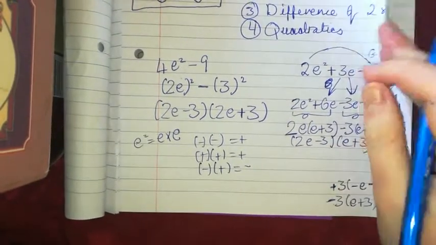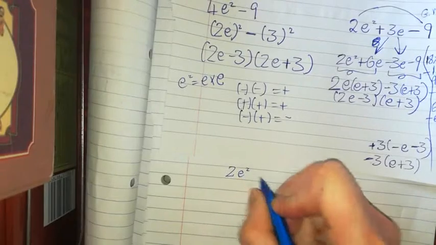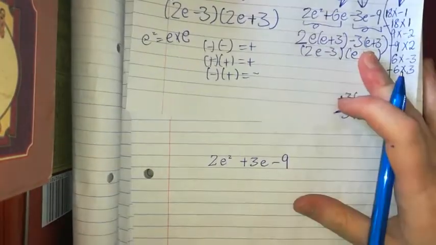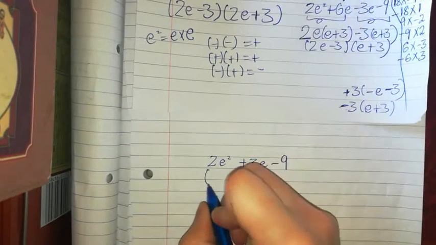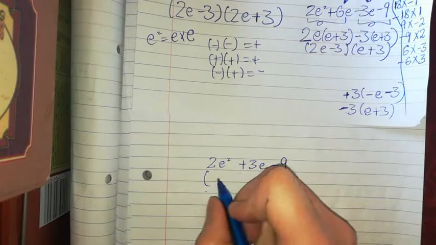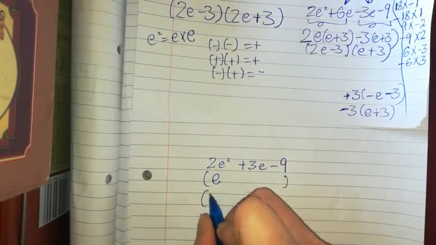So that's the guide number method. But I'm also going to do it the other way that some people learn how to do it in schools. So plus 3e minus 9. What to do is we get two brackets. So we put our e in one, and then a 2e in the other.